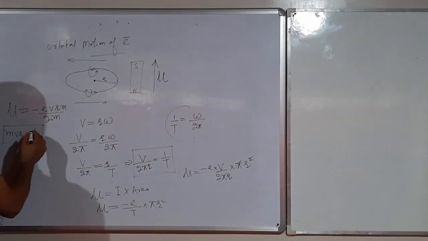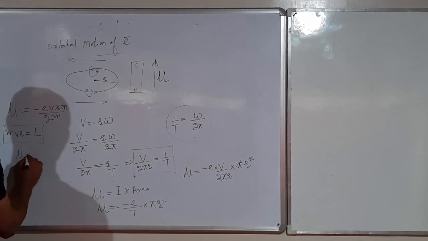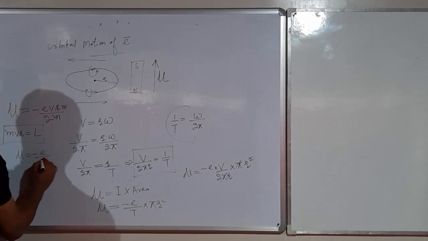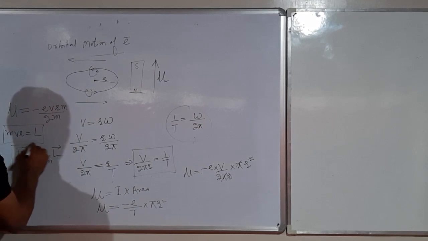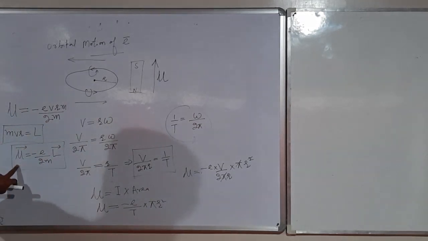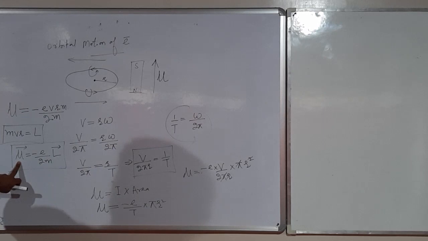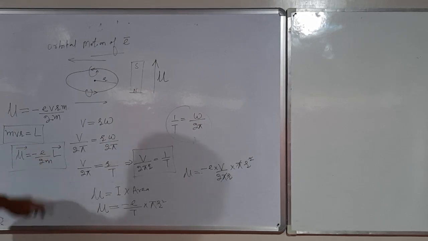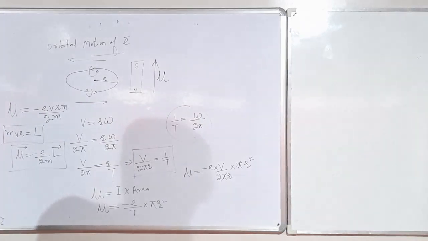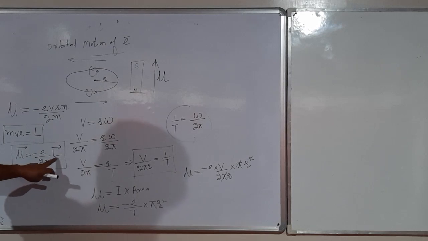So mu is equal to minus e upon 2m into L. It is a vector, and L is also a vector quantity. This is the relation between mu and L. Mu is the magnetic moment associated with the orbital motion of the electron, and e upon 2m is a constant: the charge of the electron over twice the mass of the electron. So the magnetic moment only depends upon the angular momentum vector.